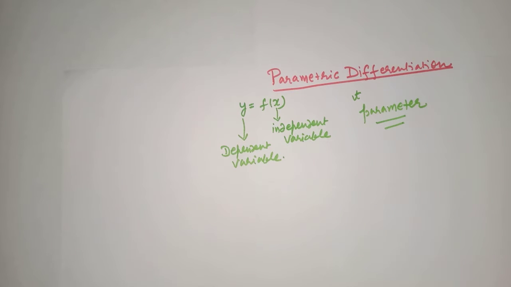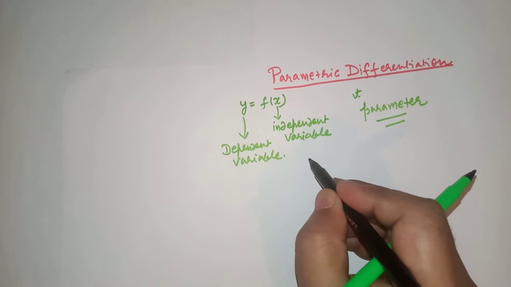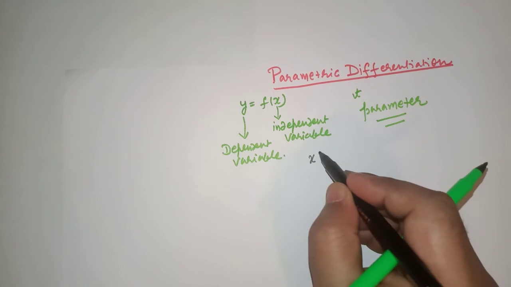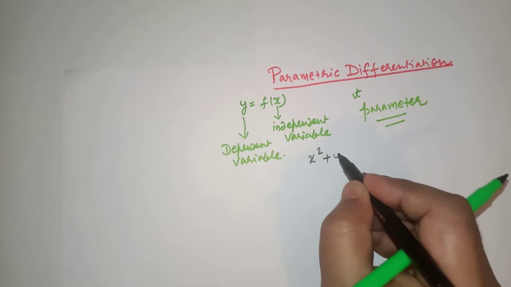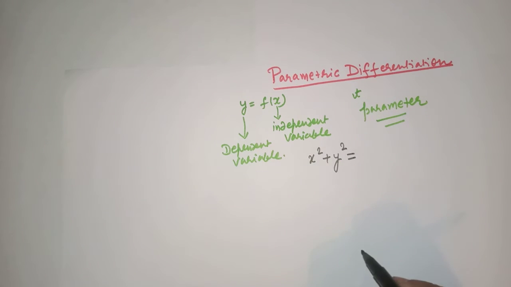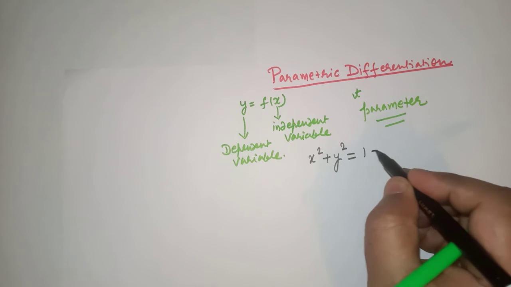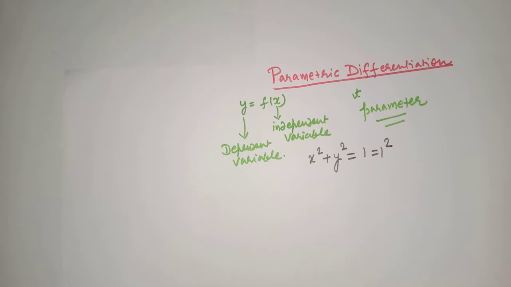Now let us take an example to understand the meaning of parameter. Suppose we have the equation of a circle, x square plus y square equal to 1 square, say equation 1.